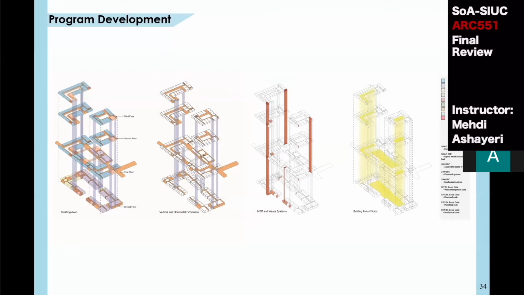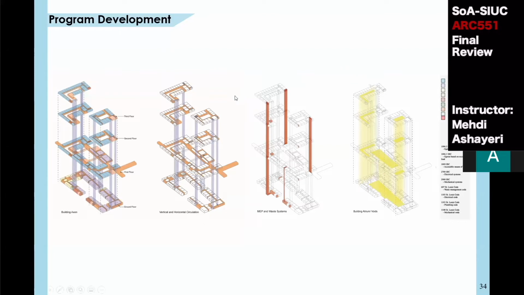Onto program development. After creating this overall building form, we proceeded into subdividing our overall form into smaller portions, because this would lead to a better understanding of the kind of spaces that we wanted in our building and of our floor plans from level to level.